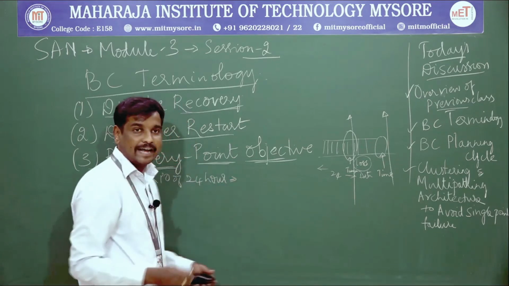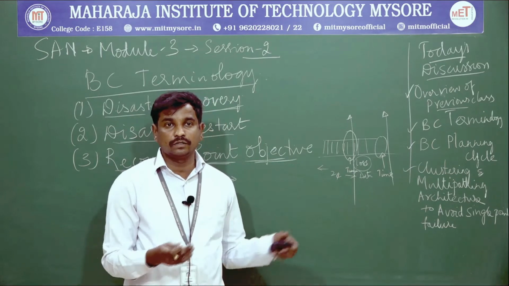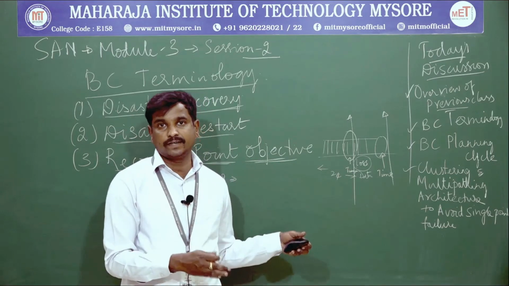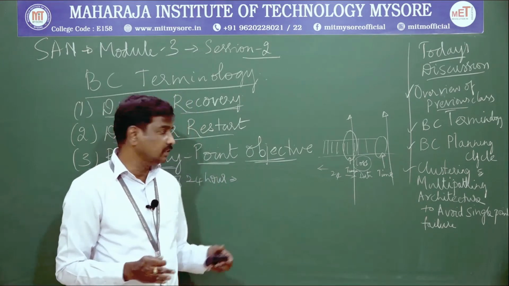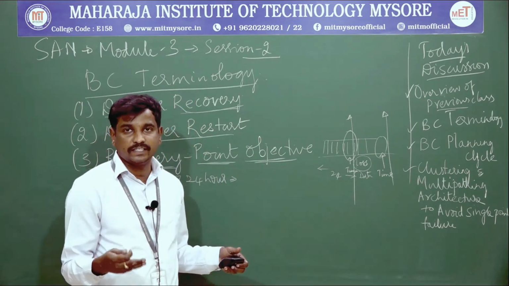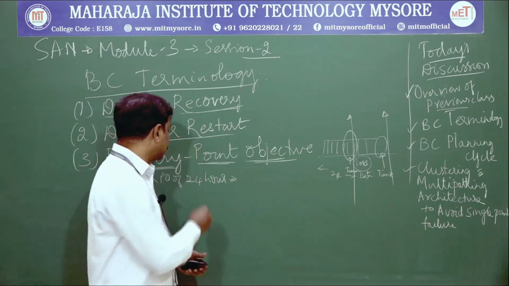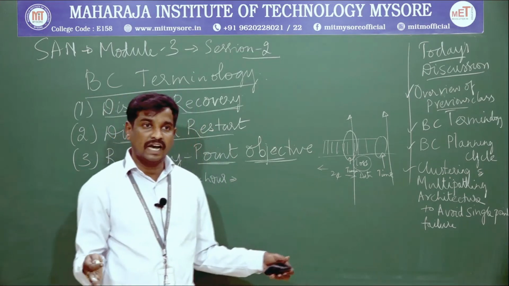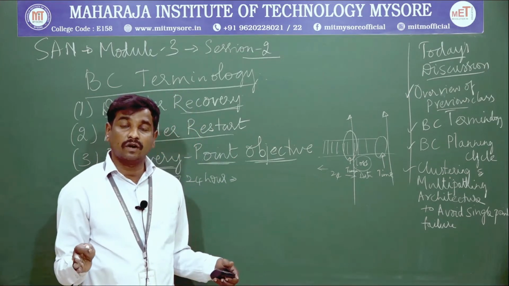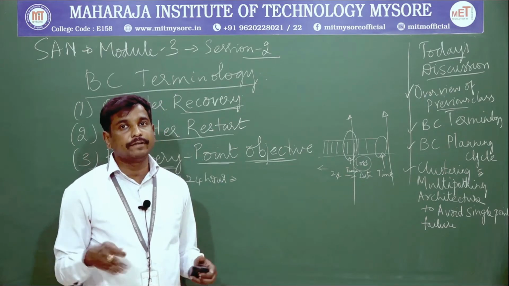That tells us we need to create a backup to the offsite tape library every midnight. That means every company or organization which runs 24/7 will fix the point of recovery as 24 hours. That is called an offsite tape library every midnight.